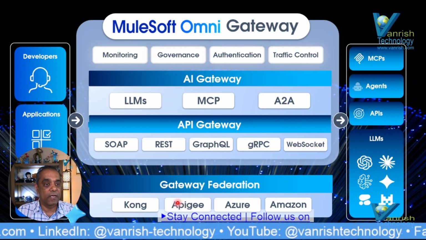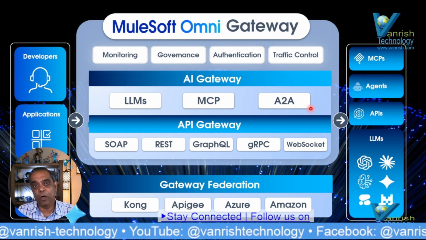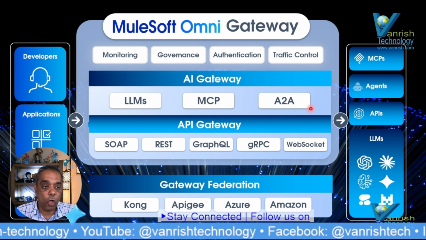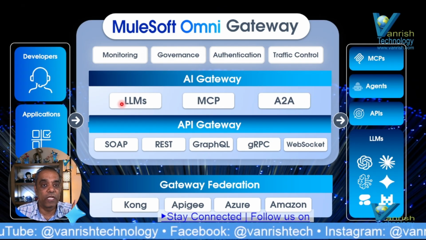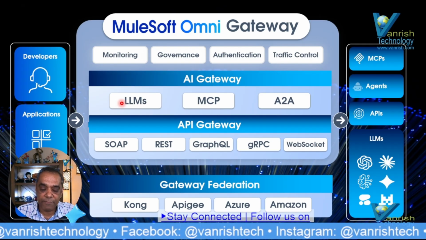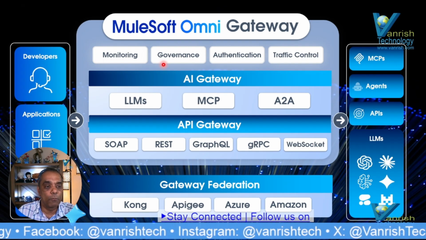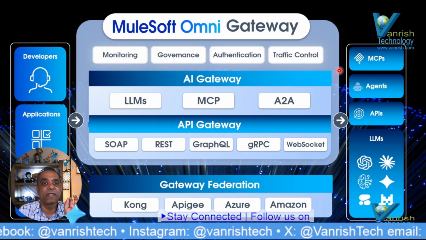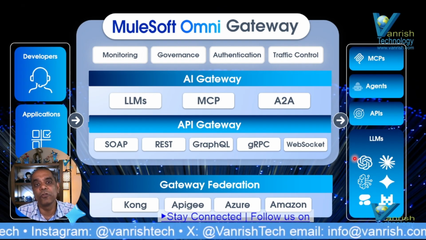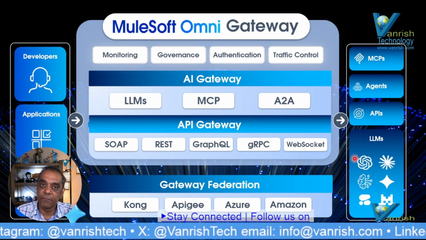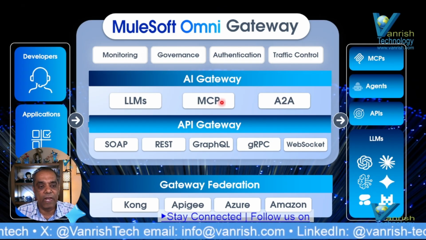Now there is another layer that comes into the picture: LLM, MCP, A2A, which is part of the AI ecosystem. On top of that, we apply the AI gateway so that you can control the LLM, the MCP, and the A2A protocol, and monitor governance, authentication, and traffic control for all these interactions within your organization, whether it is an API call or an agent call, LLM, MCP, or A2A call.